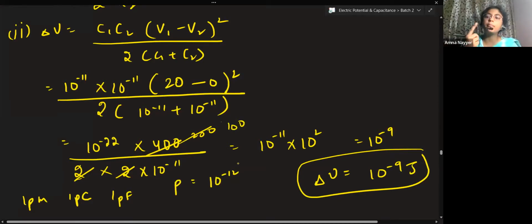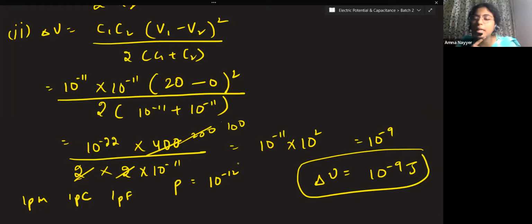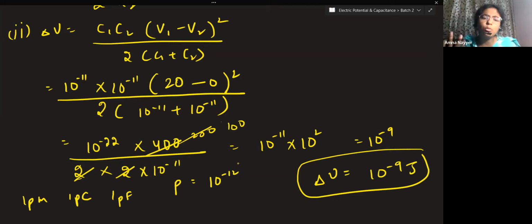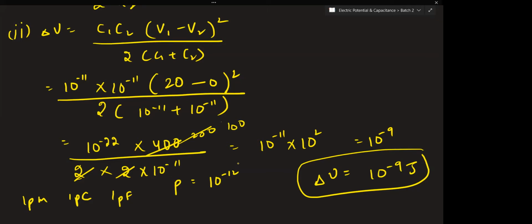The way you convert micro, you multiply by 10 to the power minus 6. Milli is 10 to the power minus 3. Nano, nanometer, nanocoulomb, nanofarad: nano is written as 10 to the power minus 9. Pico is 10 to the power minus 12. Fatima, is it clear? Yes, teacher.